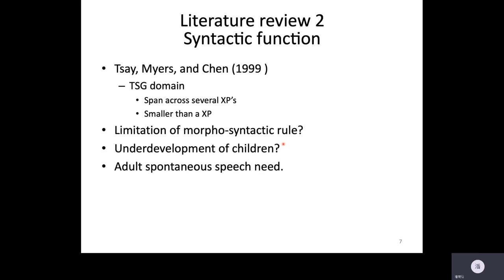However, it is unclear whether this discrepancy between syntactic studies and children's spontaneous corpus data is due to the limitation of morpho-syntactic studies or the underdevelopment of children's production. This study intends to explore the Sandhi and bass tone alternation with adult spontaneous speech.